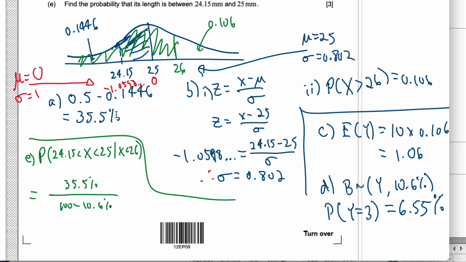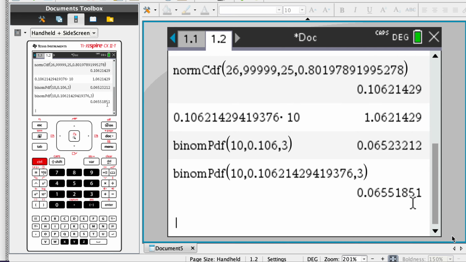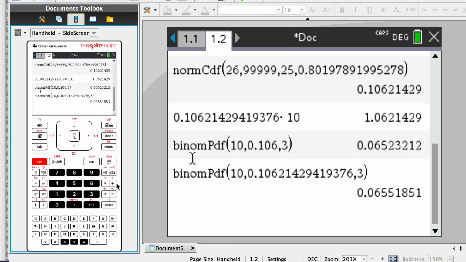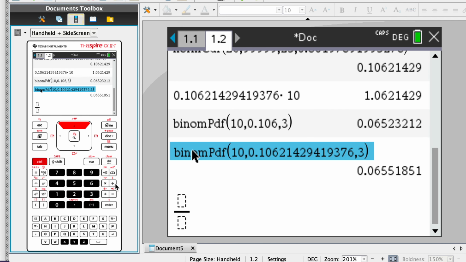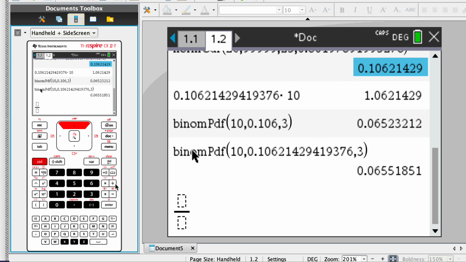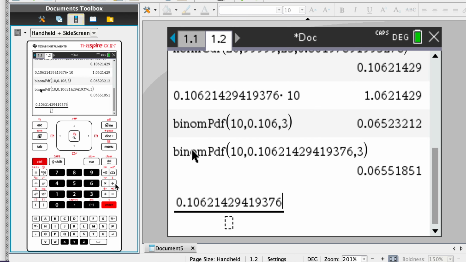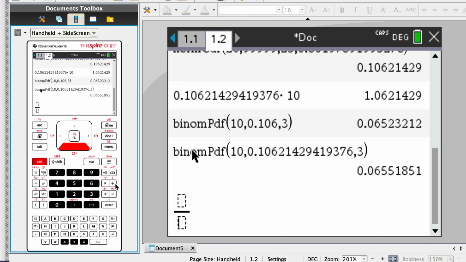Okay, so, oh, wrong one. We have 10.6%. So where is that coming from? This one. Okay, and then, oh, that's in the denominator, so that should be down here. I'm making a lot of little calculator mistakes here.